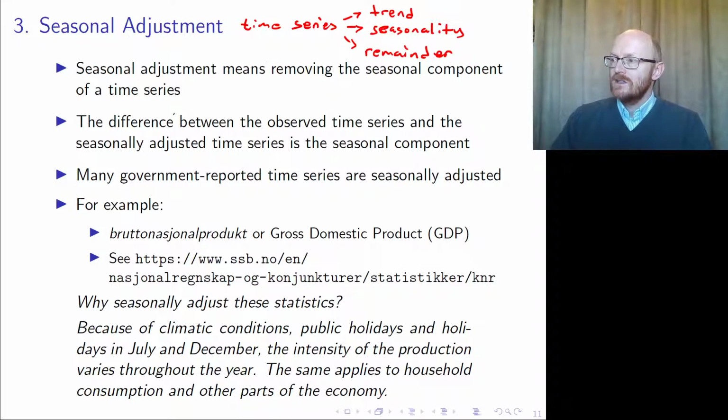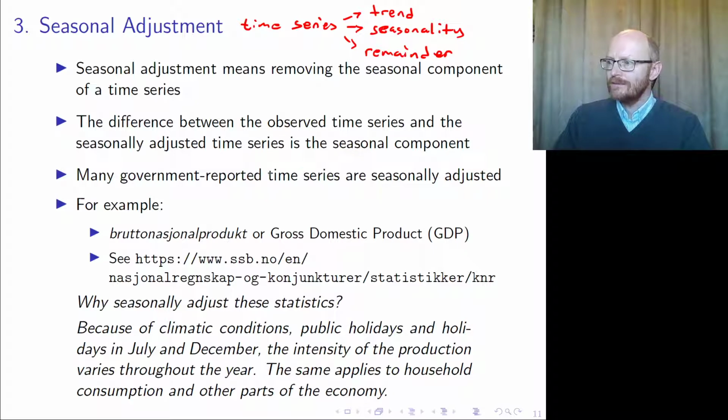Okay, so if you want to adjust the time series to get the trend, you have to remove the seasonality and the remainder. It's often easier to remove the seasonality before anything else.